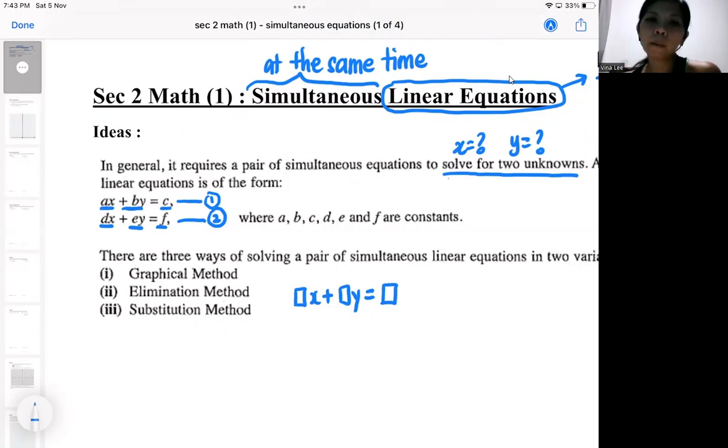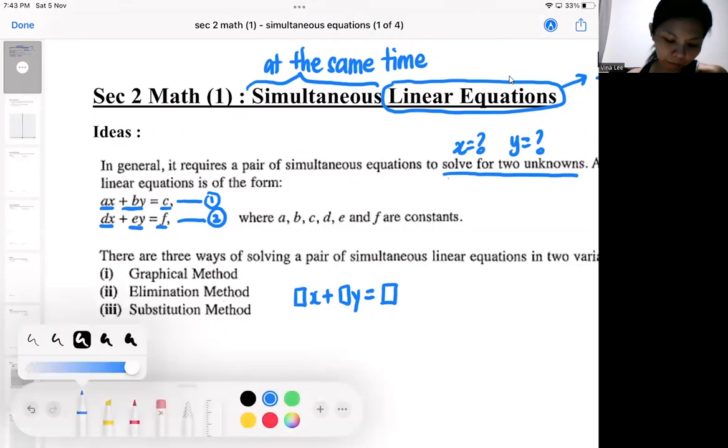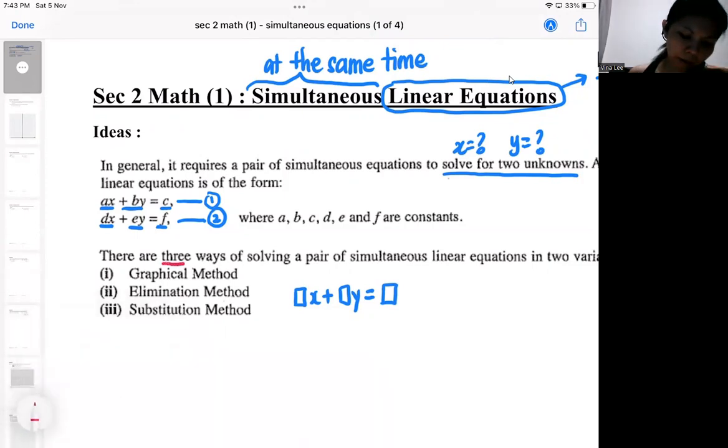The whole purpose is, if I give you two equations, you're supposed to find two unknowns. And there are three ways of solving. Does that mean that if I use a different way, I will get a different answer?